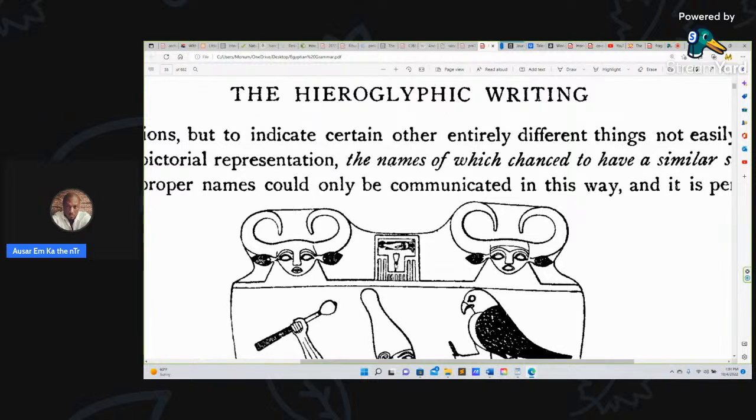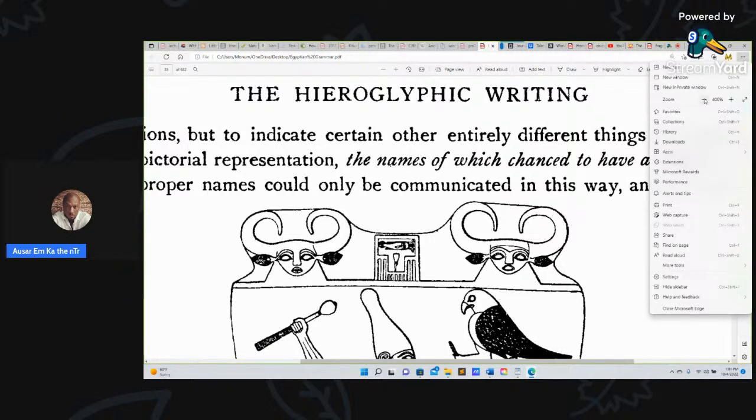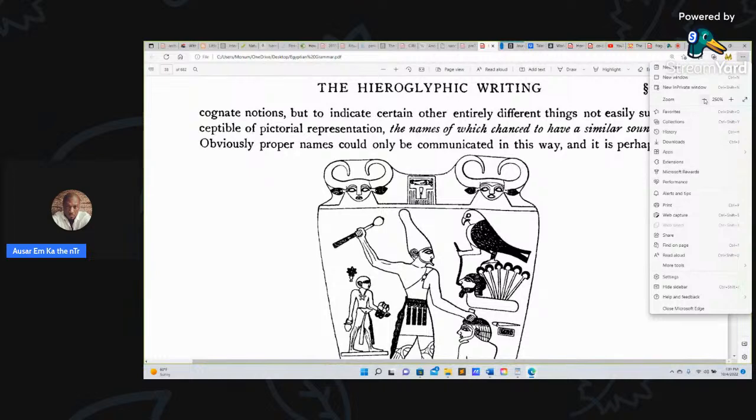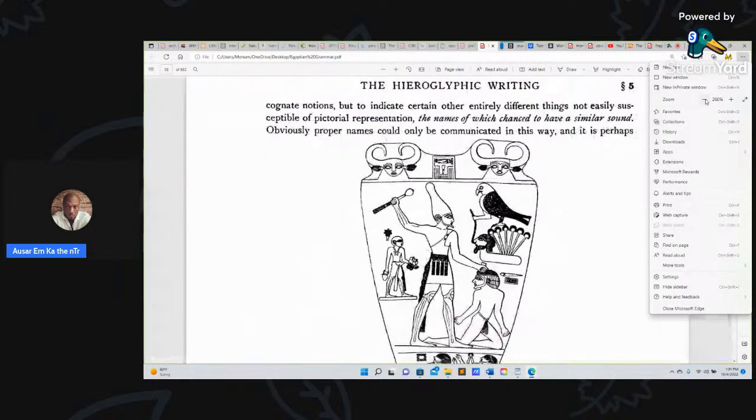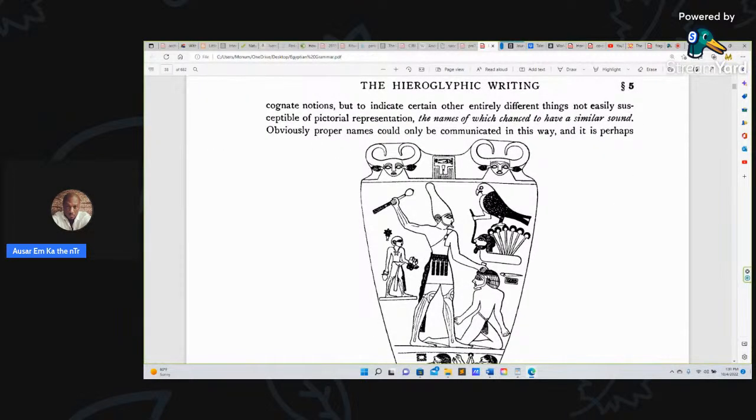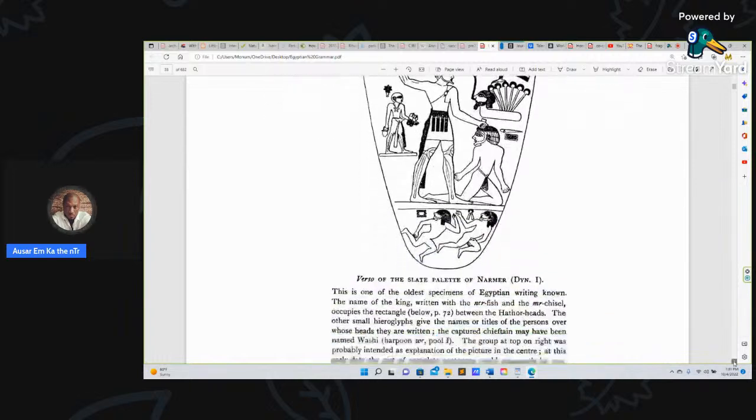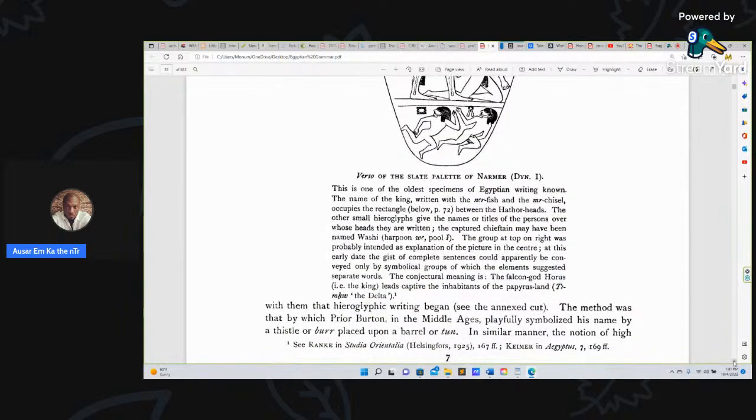Here's the chisel. Nar, Mer. Pictograph, as they explained it is. So we can see them being correct on that point, right? Let's keep going. This is good because you got to check. You got to check to make sure what they say is right, right? We checked it.